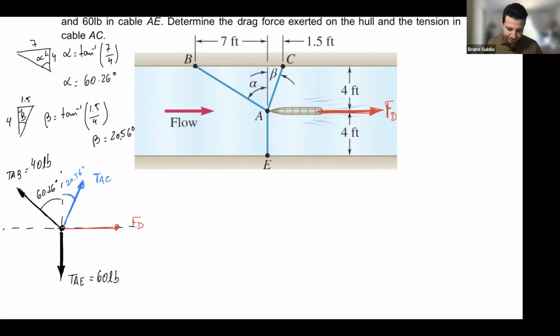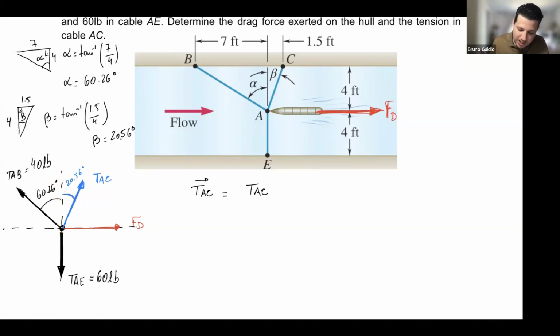Let's start by writing the components. TAC: magnitude, no idea, but I know its components are going to be positive and positive. Now pay attention, guys. This 20.56 degrees is touching the y-axis, measured from the y-axis.